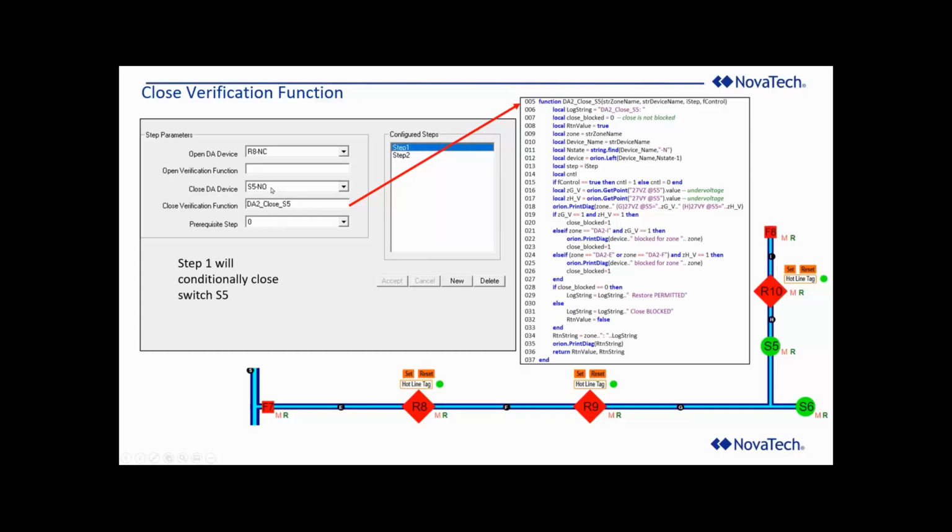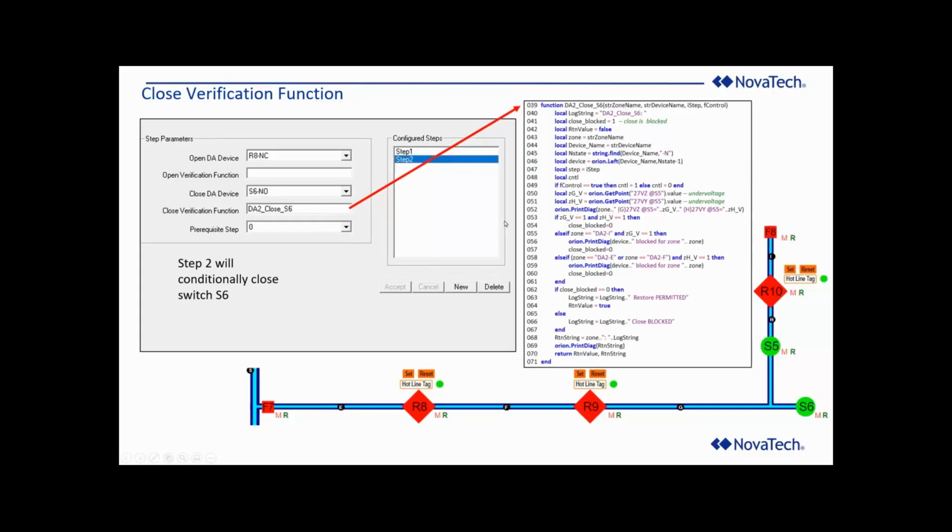A true is received, it operates switch 6, or switch 5. On switch 6, it looks like exactly the same kind of logic. It's looking at under voltage on 5 and under voltage on each side of 5 in zone H and zone G, and giving a permit or block signal coming back.